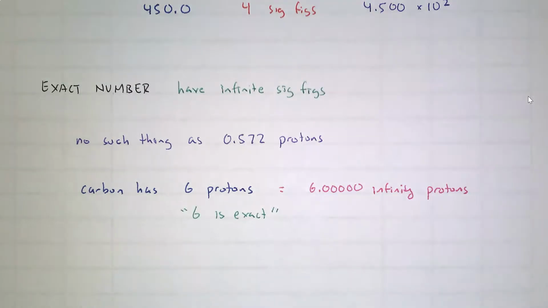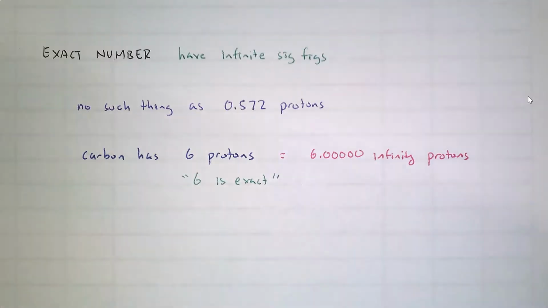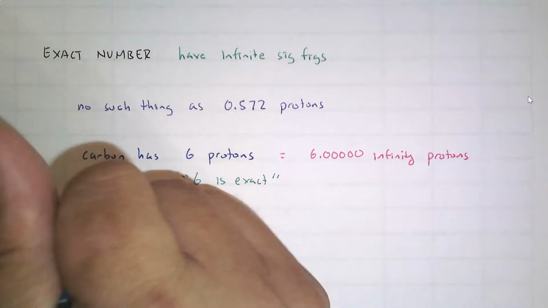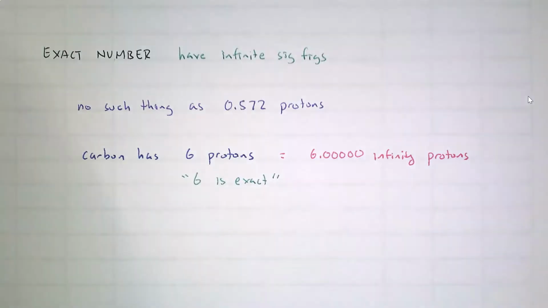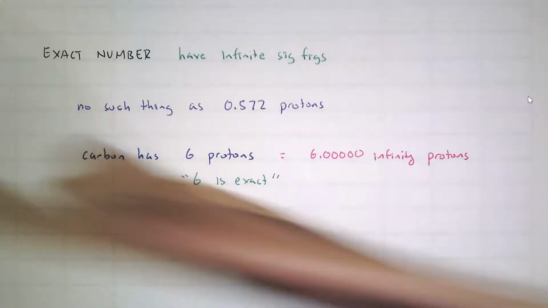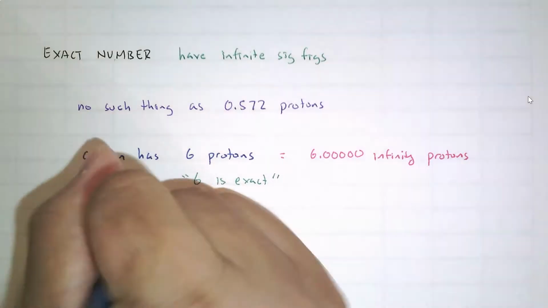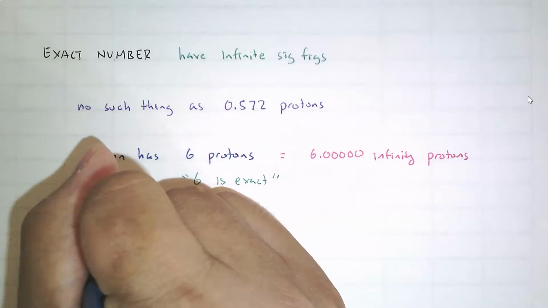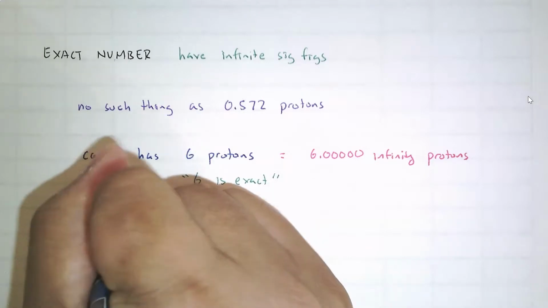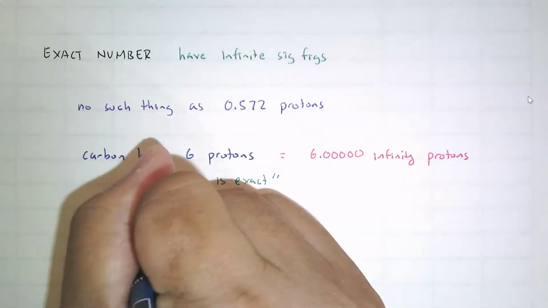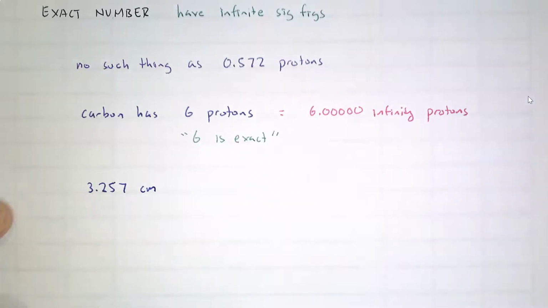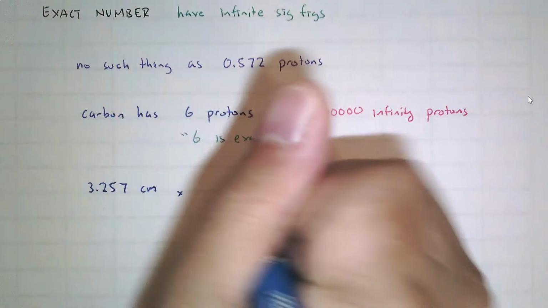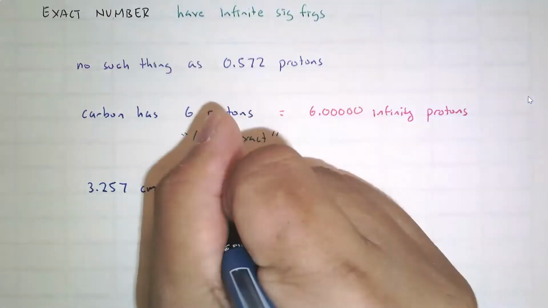Now, this could get a little bit tricky when we work with conversions, because if we want to convert, let's say, centimeters into inches, 257 centimeters. I'm trying to make a problem off the top of my head. Times, and I want to convert it into inches.